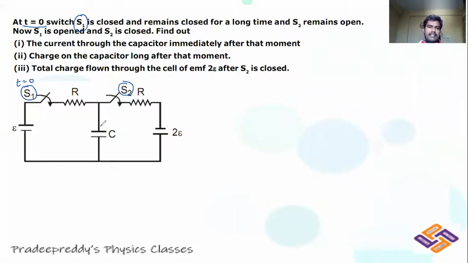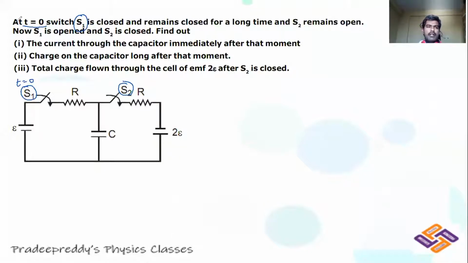After the capacitor is completely charged by battery E, you open switch S1 and close switch S2. Then there is no connection with S1, so the capacitor has no effect from battery E. There is only a connection with the 2E battery, so the capacitor gets charged by battery 2E.